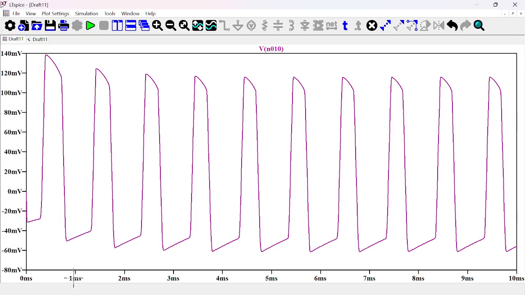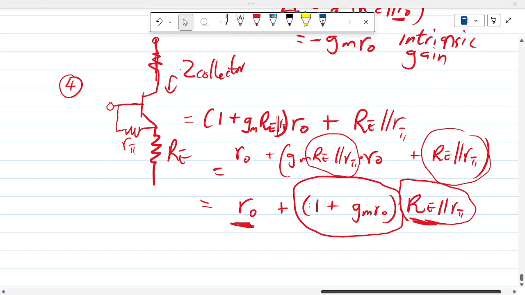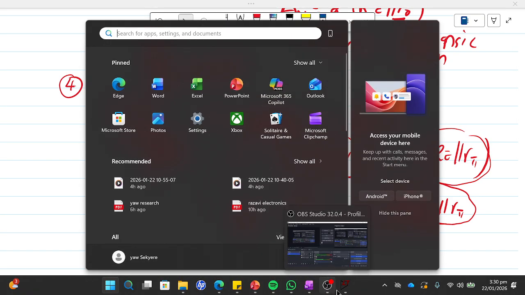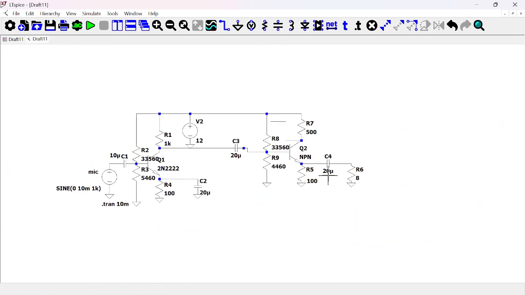Okay, I'm getting a gain of 14. Why the distortions? Okay, so I now suspect the value of my capacitance.